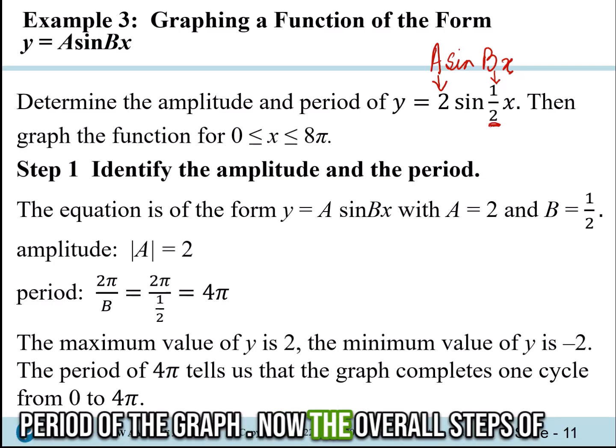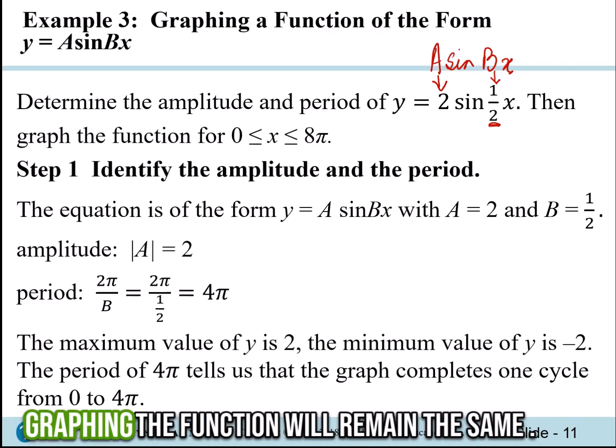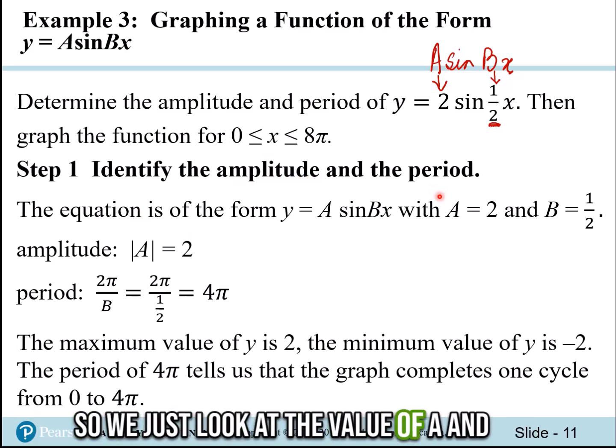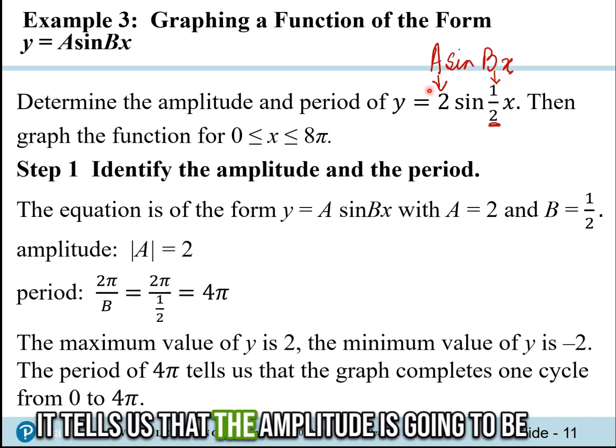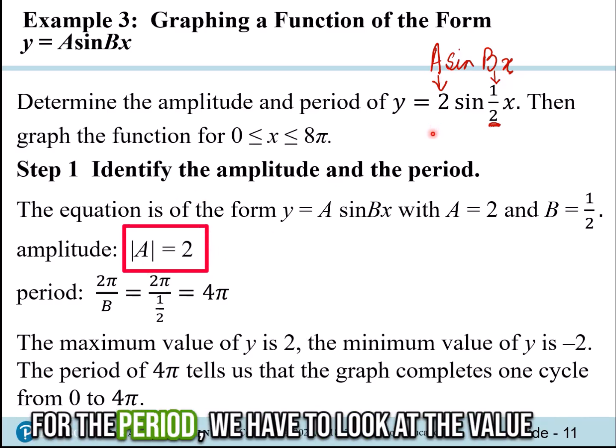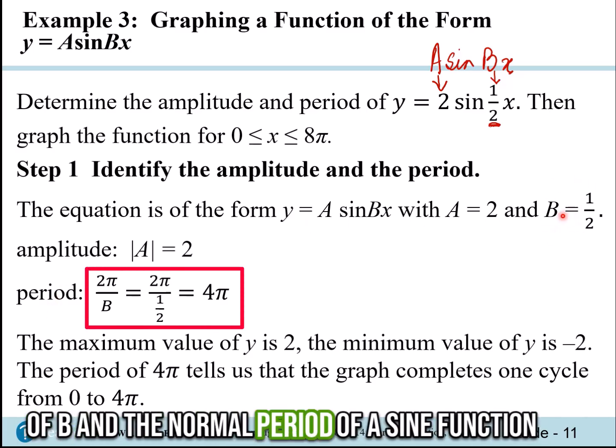of the graph. Now the overall steps of graphing the function will remain the same. Step 1 is to identify amplitude and period. So we just look at the value of a, and it tells us that the amplitude is going to be 2 because a has a value of 2 here. And for the period, we have to look at the value of b, and the normal period of a sine function is 2 pi.